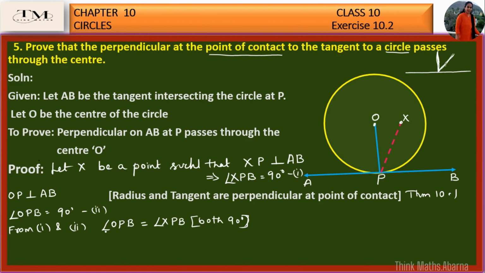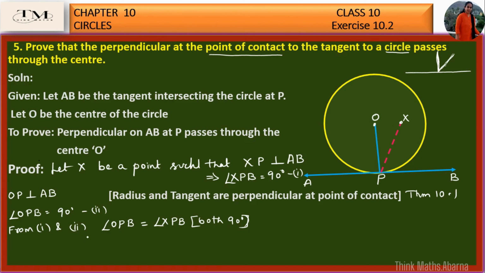So we got angle OPB equal to angle XPB. Is it right? No, this is possible only when XP coincides with OP. So the 90 degree line will be perpendicular to this AB.